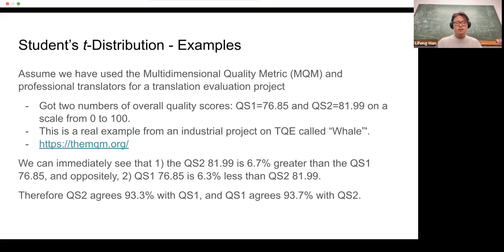We can immediately see that, firstly, QS2, that is 81.99, is 6.7% greater than QS1. And oppositely, QS1 is 6.3% less than QS2. Therefore, QS2 agrees 93.3% with QS1, and QS1 agrees 93.7% with QS2.